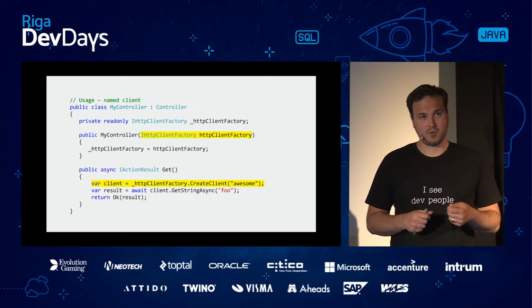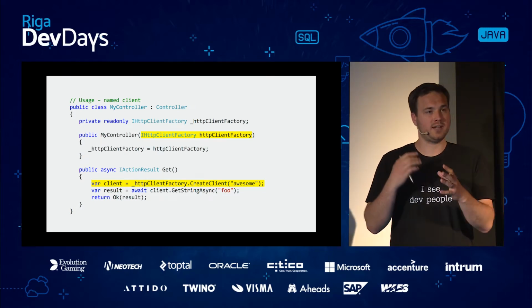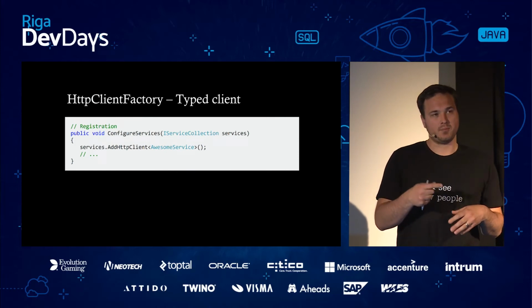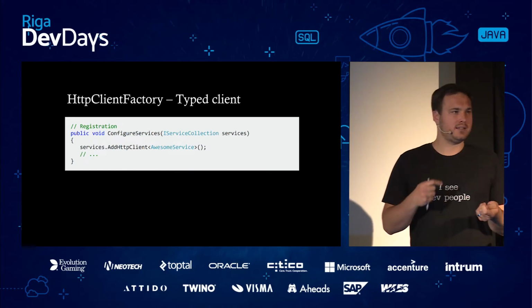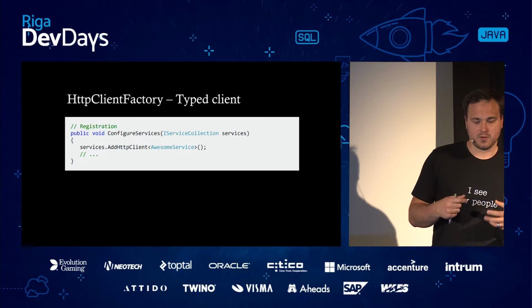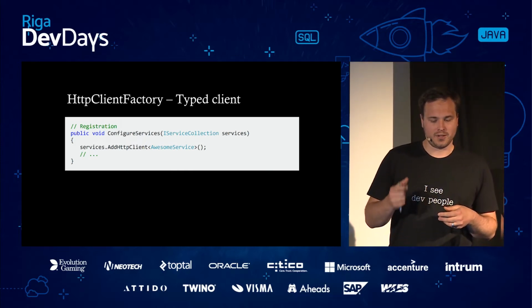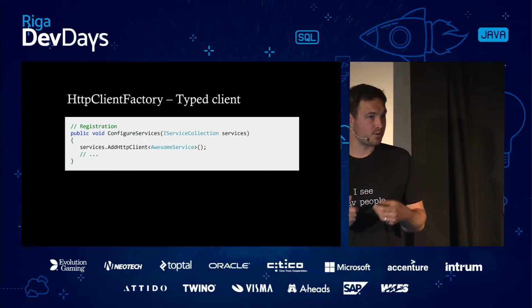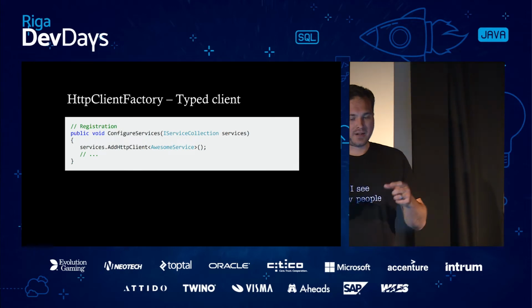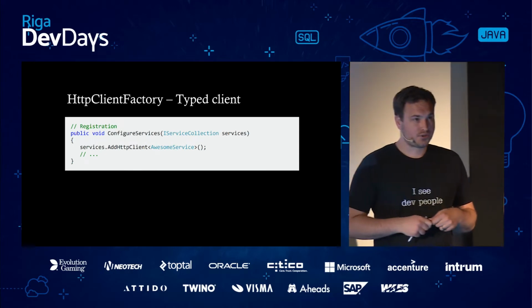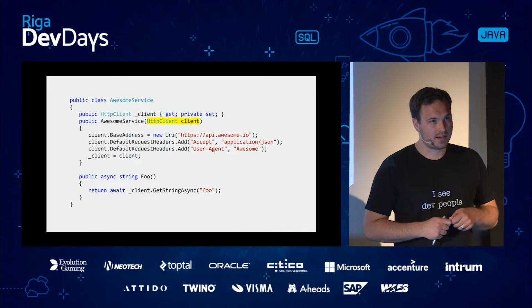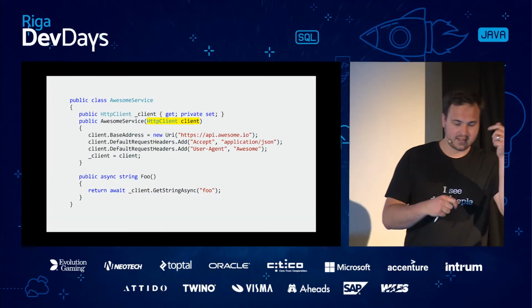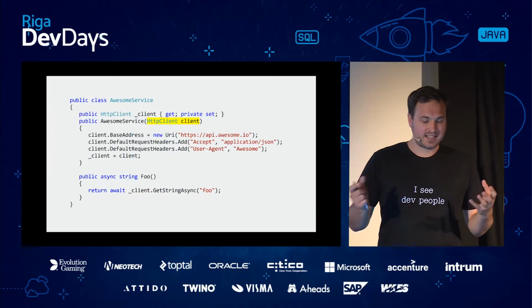Then you have the typed client, which is a wrapper around the HTTP client. You add it by going add HTTP client of type T, and this will actually then use the class, like in this case it's called awesome service. It needs to have a constructor that gets an HTTP client as a dependency. The same thing happens.